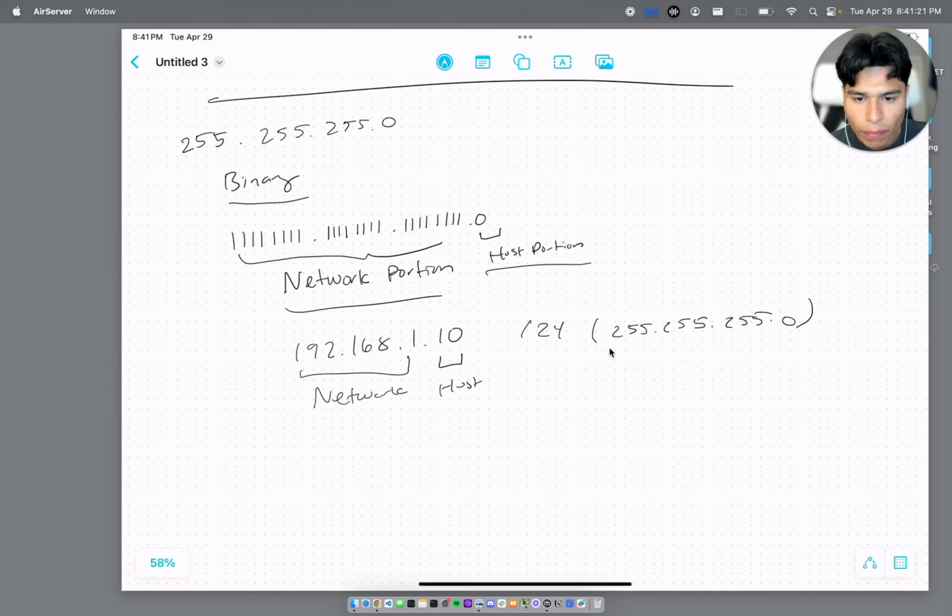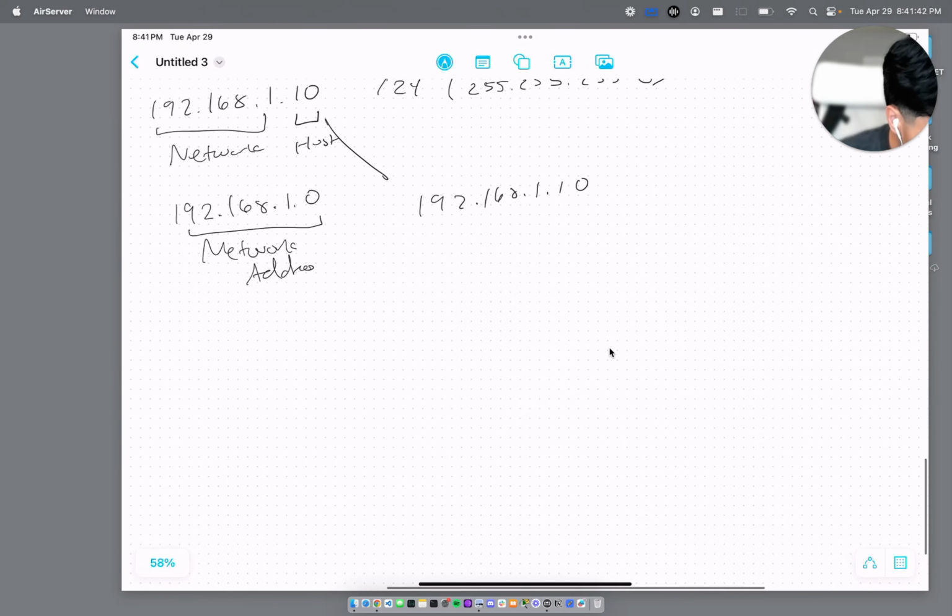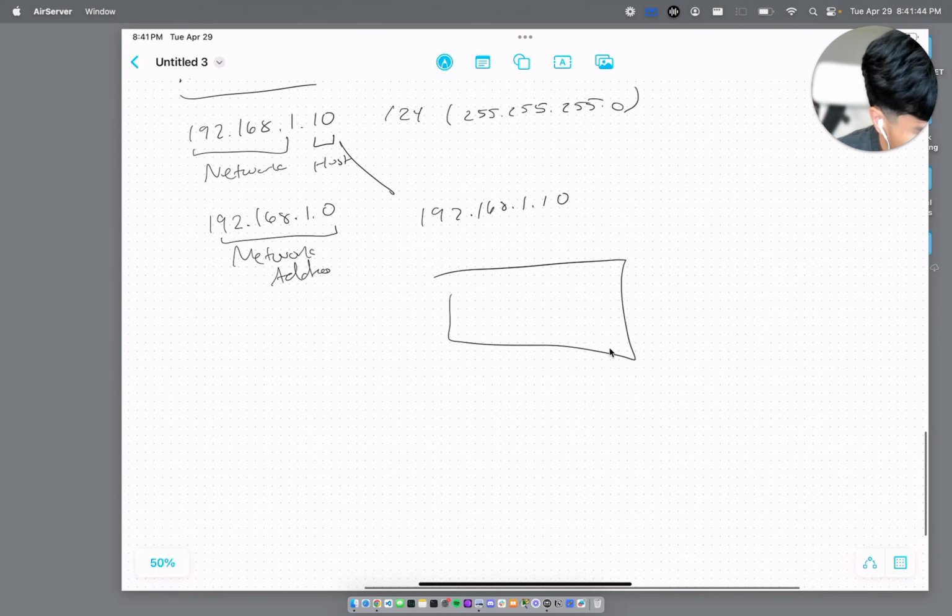So this specific IP address has a network address of 192.168.1.0, and its specific address is 192.168.1.10, right? So remember our home network. Let's say that essentially this laptop is 192.168.1.10.